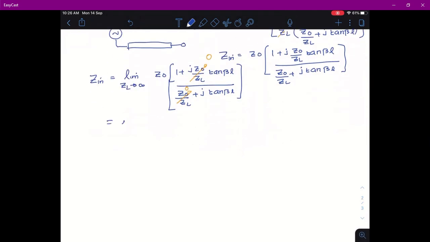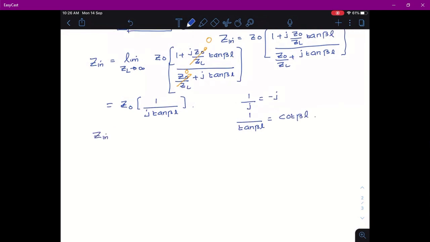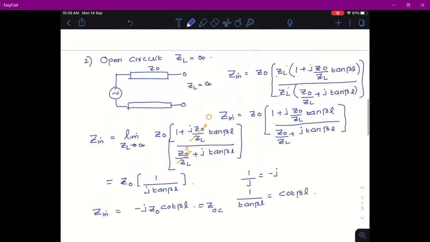this is equal to Z0 into 1 divided by j tan beta L. So, 1 by j is equal to minus j and 1 by tan beta L is equal to cot beta L. So, I can write Z in for an open circuited line as minus j Z0 cot beta L. So, I can represent this Z in as ZOC, which means input impedance of an open circuit line.